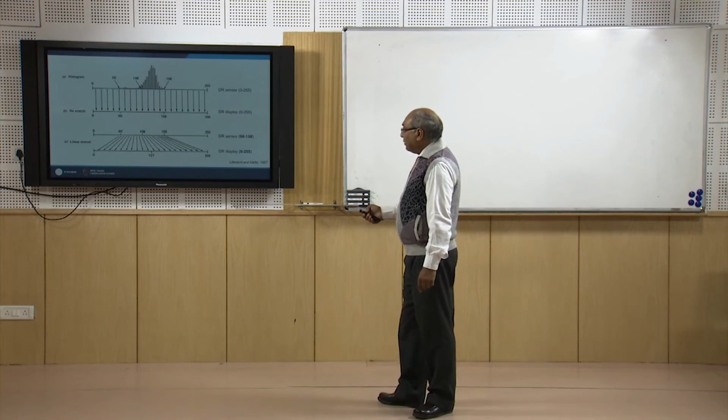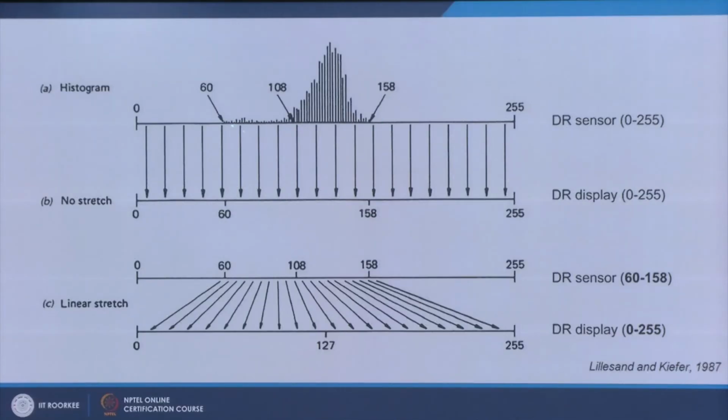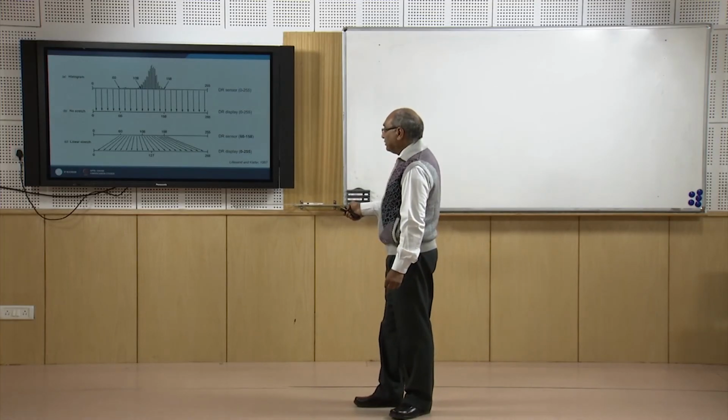Now in the same example here, the histogram distribution is this, the minimum value is 60 and the maximum value is 158. If I redistribute without any stretch, it is going to be like this, but if I do the linear stretching, then I am using the whole range of pixel values available to me, that is between 0 and 255, instead of the original range between 60 and 158.